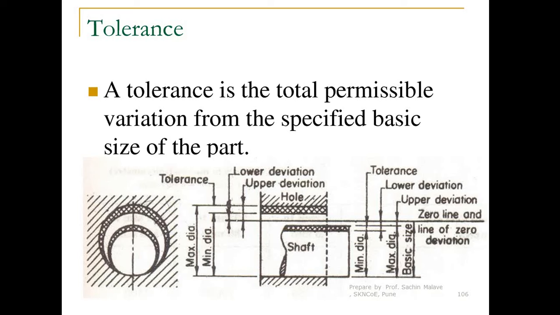Whereas in the case of this shaft, the fundamental deviation is the distance between the upper limit of the shaft and the basic size, so the upper deviation is the fundamental deviation. In the hole based system, the fundamental deviation of the hole is going to be 0, whereas in the shaft based system, the fundamental deviation of the shaft is going to be 0.